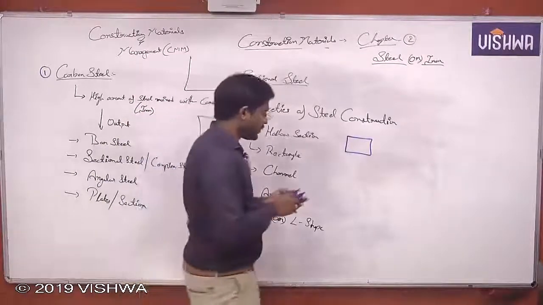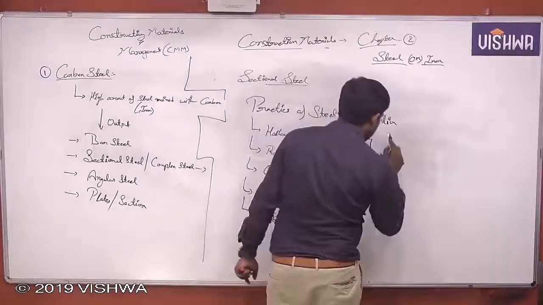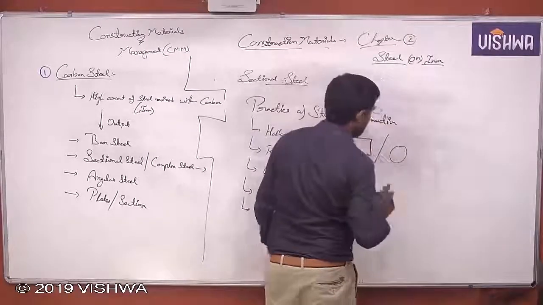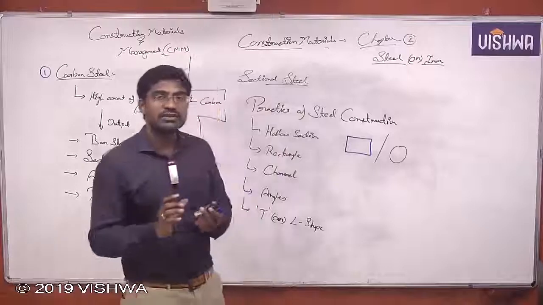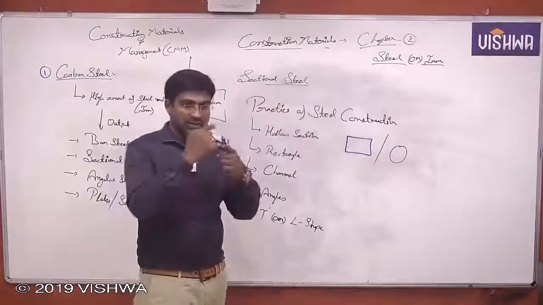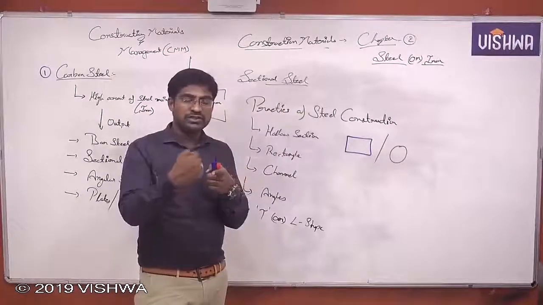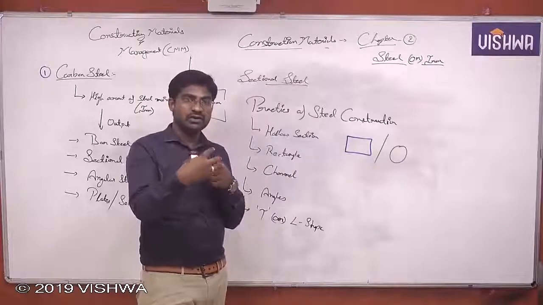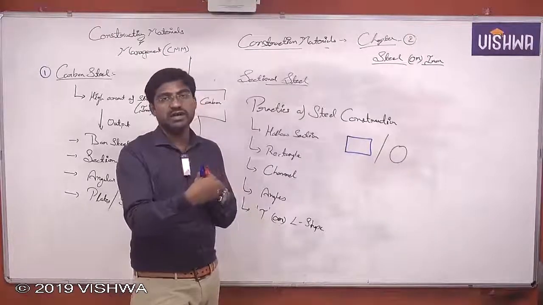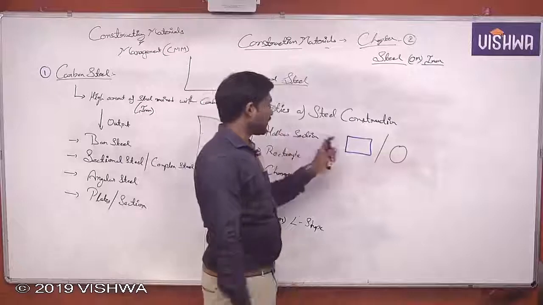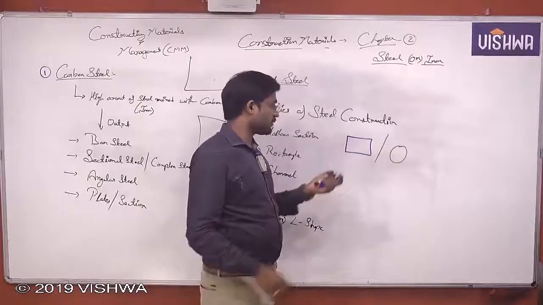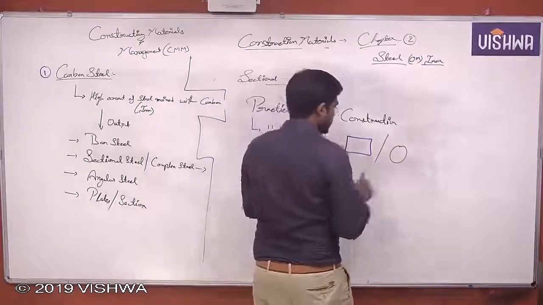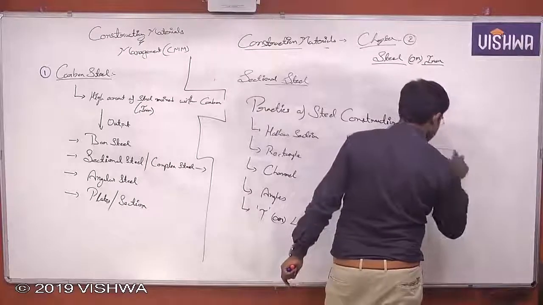In that element we can see either rectangular or circular rods available as hollow sections. On the circumference there is steel, but internally it is hollow. So in that aspect hollow sections are available in this way.